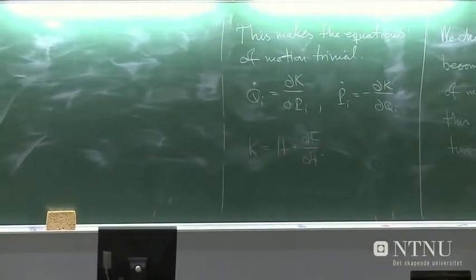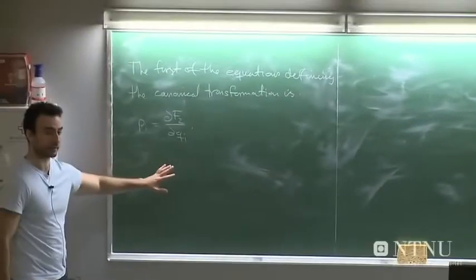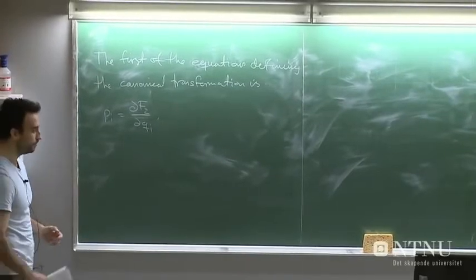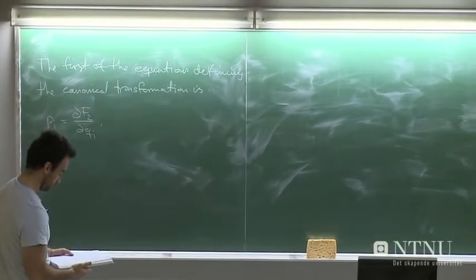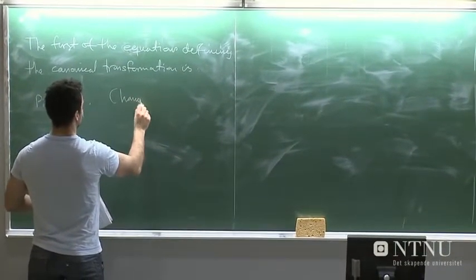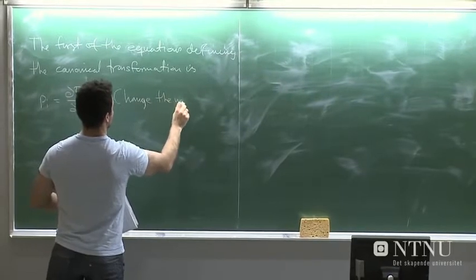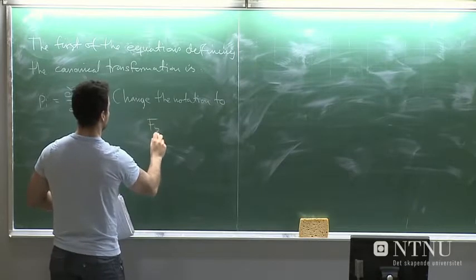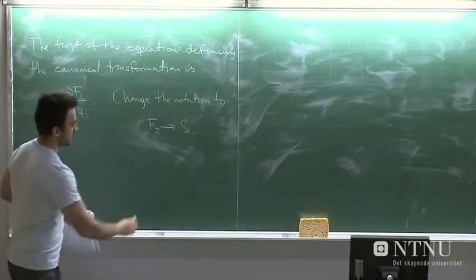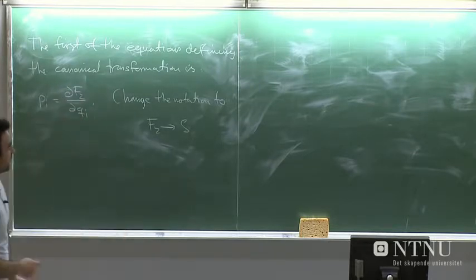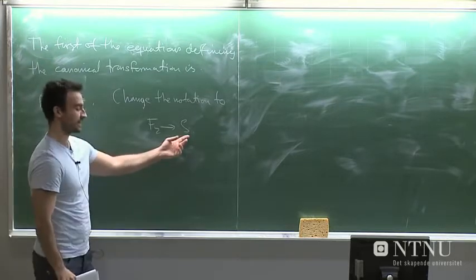So the first of the equations defining the actual transformation for the second class of generating functions looks like this, if you consult your notes. And it's a convention in the literature to use S instead of F2.